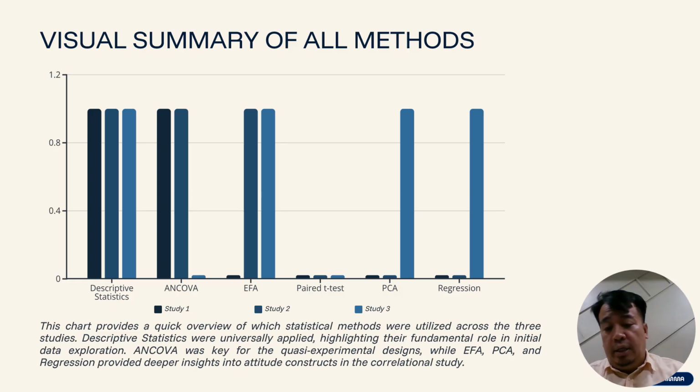The third study went further by incorporating principal component analysis, or PCA, and multiple regression to explore relationships among different attitude dimensions. This variety of methods demonstrates the versatility of statistics in education research, depending on the study goals.